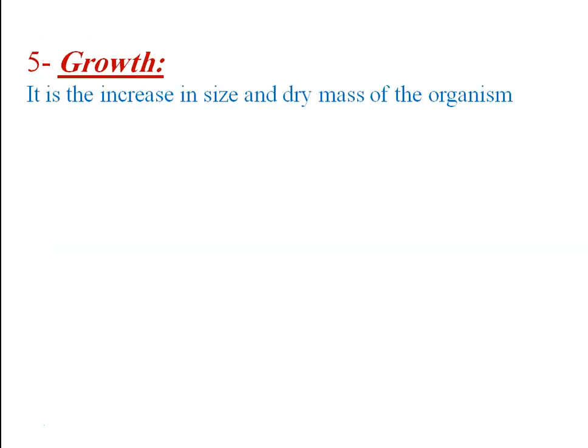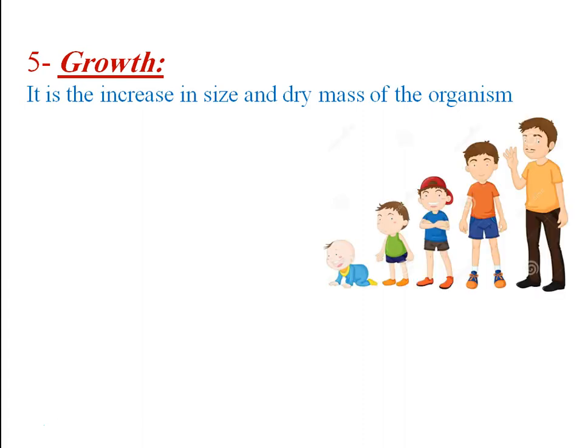Growth. Growth is increase in size and dry mass of the organism. So we say that a small baby now makes new cells, increase in the number of cells, increase in the size of the organism, and in the actual mass of the organism. So we say that if a camel drinks a lot of water, that's not growth.